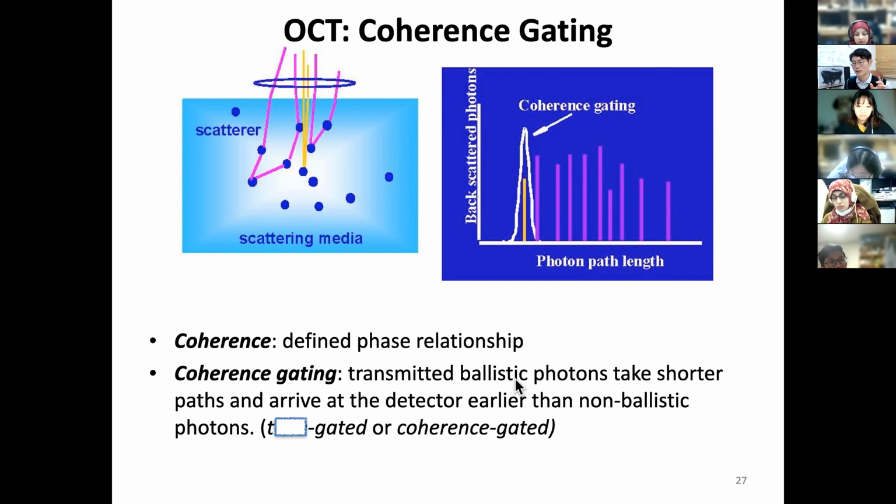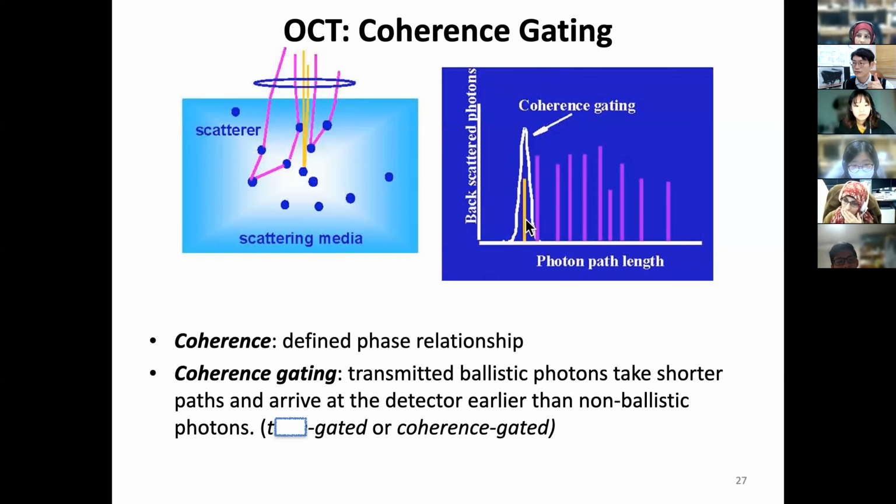Transmitted ballistic photons take a shorter path, this yellow one, and arrive at the detector earlier than non-ballistic photons. So you are making a time window to only see this by using this low coherence interferometer. So we call it coherence scaling, or time gated.